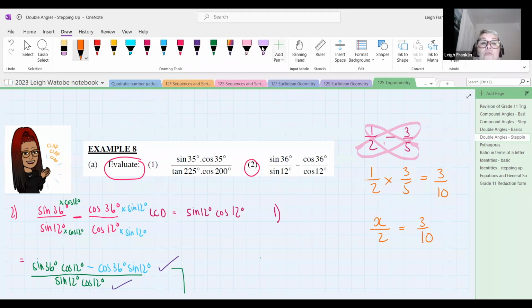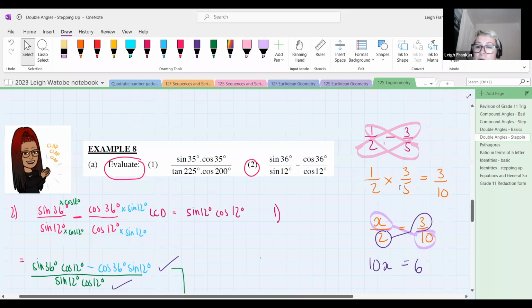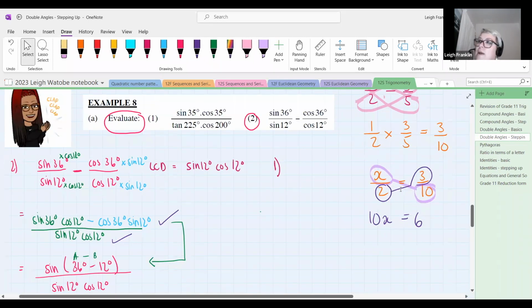Now you're going to cross multiply. So you're going to multiply the 10 over here with the x, and you're going to end up with 10x. Then you're going to multiply the 2 and the 3 together, and you're going to end up with a 6, like so. Okay, so cross multiplying is a method to solve an equation. It's not a method for working with fractions.